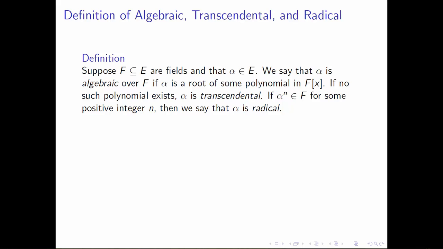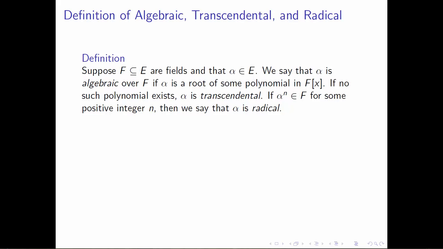Now, if you can take alpha and raise it to some positive integer power n, and you get something that belongs to the ground field, then we're going to say that alpha is radical. I haven't put examples on this slide in writing, but I'll say them orally right now. Let's take F to be the rational numbers, and let's take E to be the complex numbers.